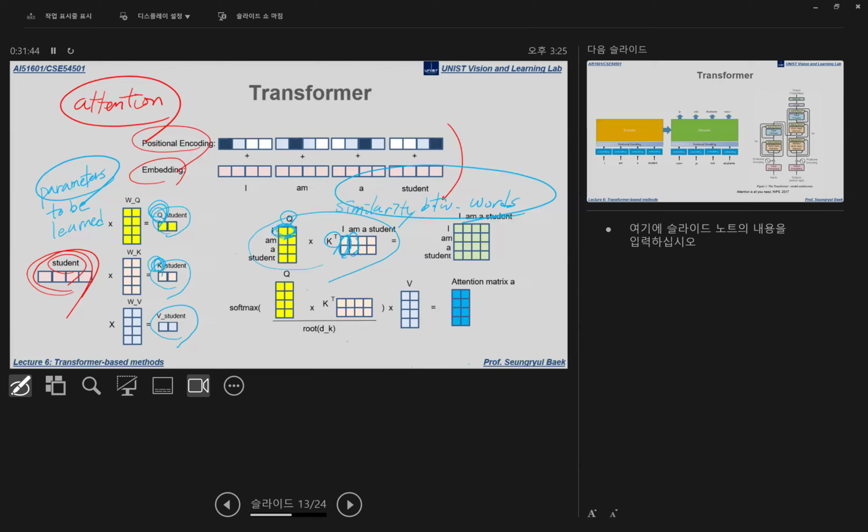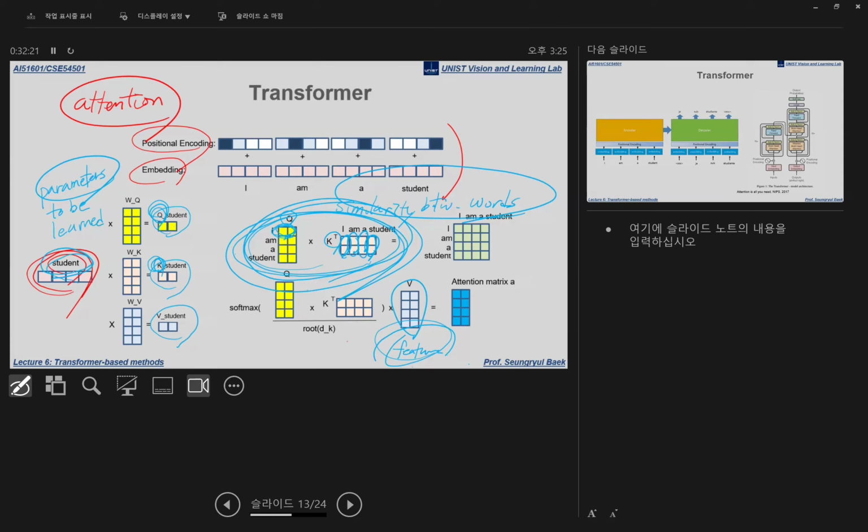And for I am a student, those features may be contributed depending on this similarity, and this value itself becomes the feature for each word. Based on this similarity, each word's value features contribute to the final feature. They are weighted and summed by this similarity to calculate the final features for the original word, student.